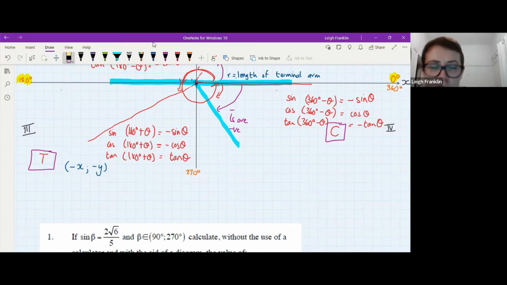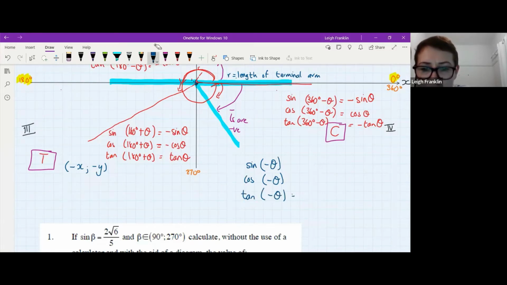Anyway, so sine of minus theta, cos of minus theta, and tan of minus theta. Now, if we didn't know what that meant, that could actually be quite scary. What does sine minus theta mean for us, in terms of this diagram and the conversation we've had this evening?